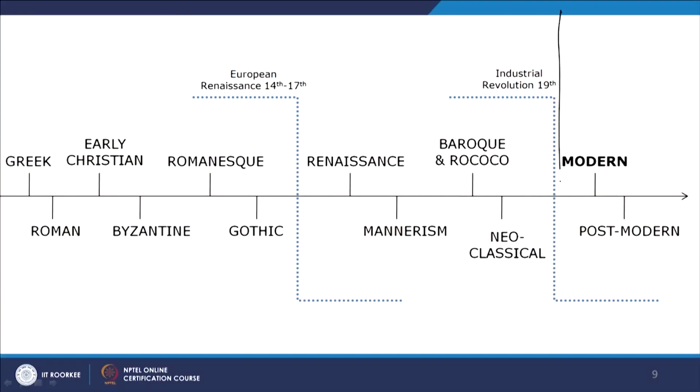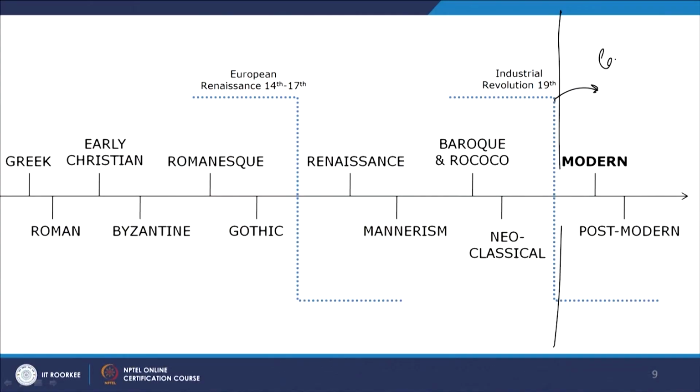Now this is the timeline of the classical movement, and in the next class we will discuss in detail how these particular styles, which were pre-industrial revolution, got changed, and we will see a similar kind of principle of shifting styles in the contemporary style.